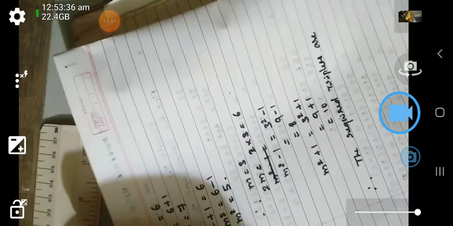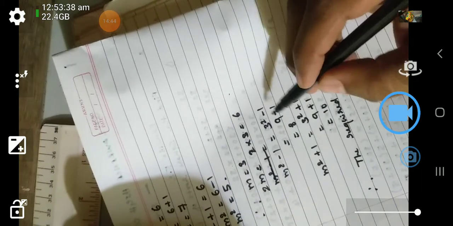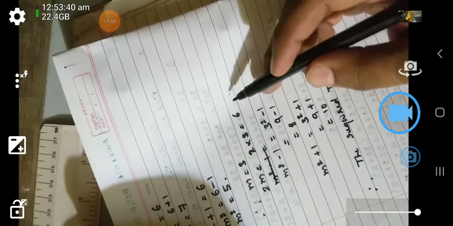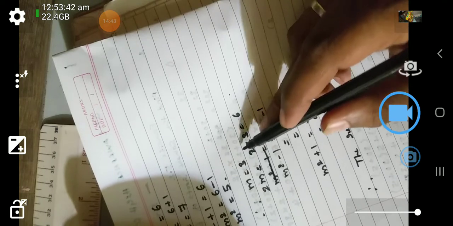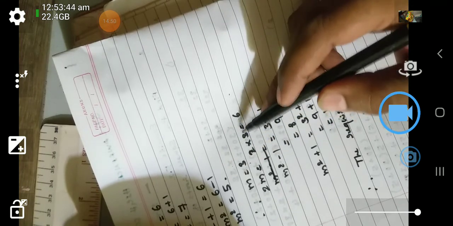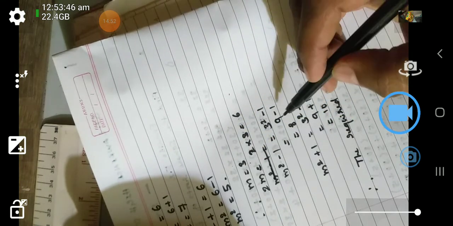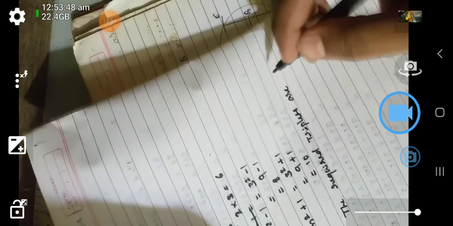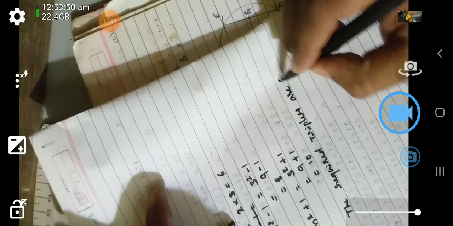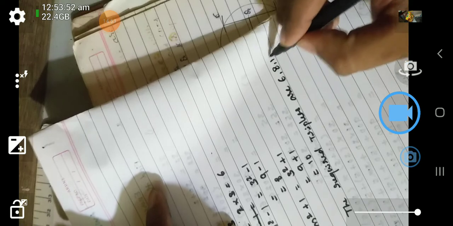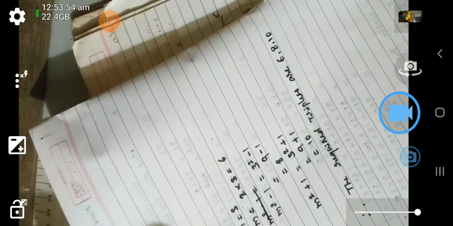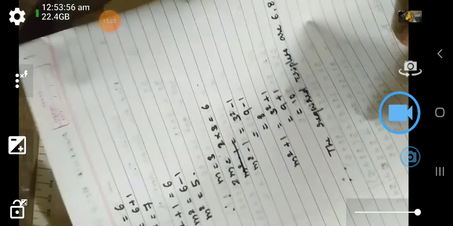The required triplets are 6, 8, 10, isn't it? So what we have done in this problem: first we found out the value of m.